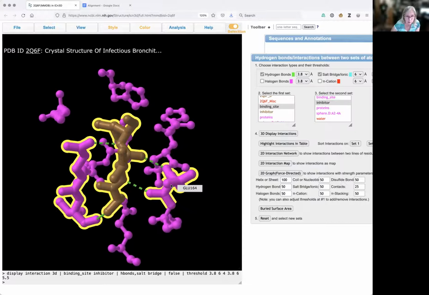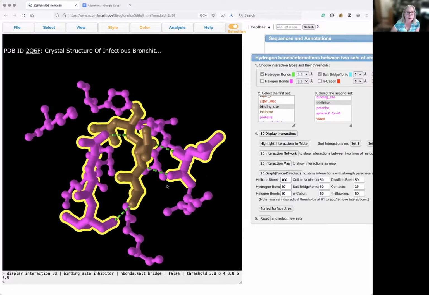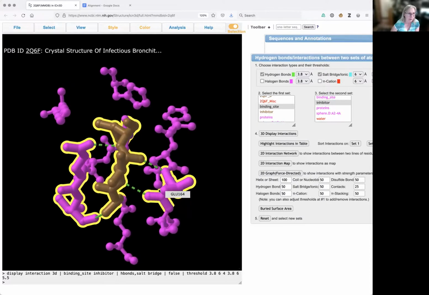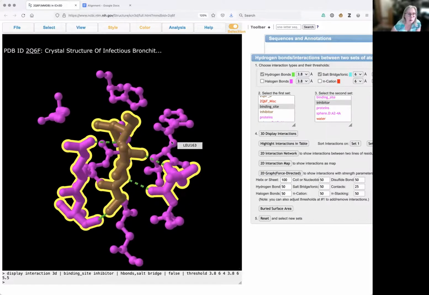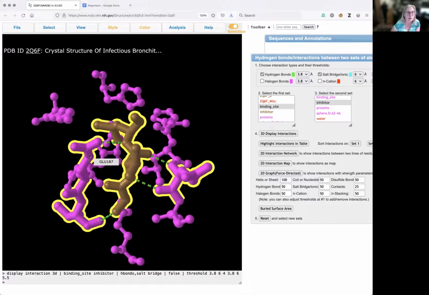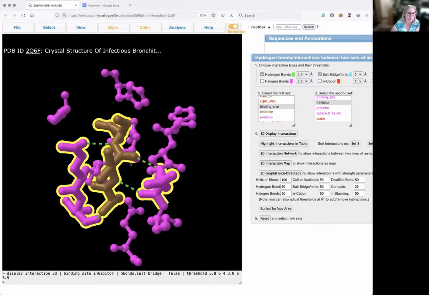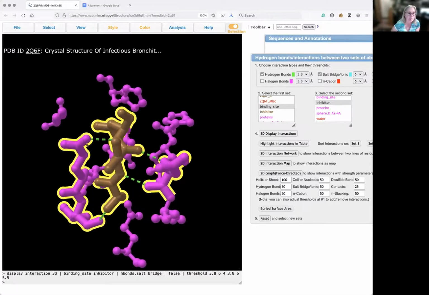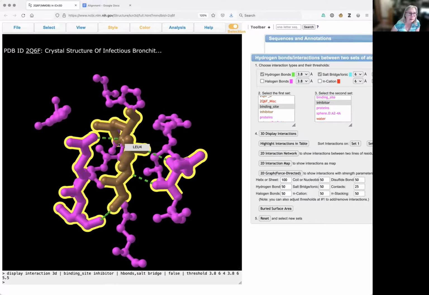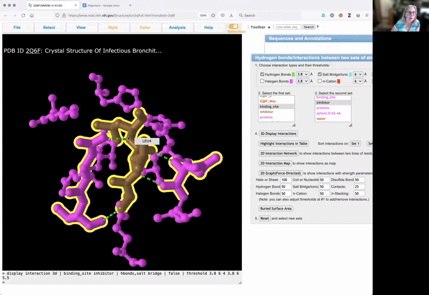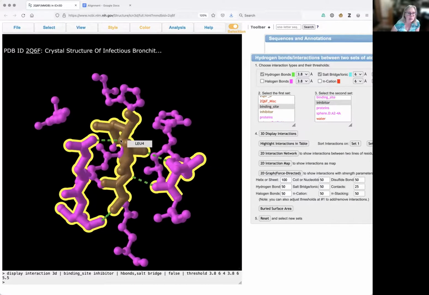Okay, so now what I'd like to do is figure out what amino acids are binding here, and maybe what parts of them are interacting. I can hold my mouse over here and I can see this is a glutamic acid at 187. And it's binding here to this section of the inhibitor.